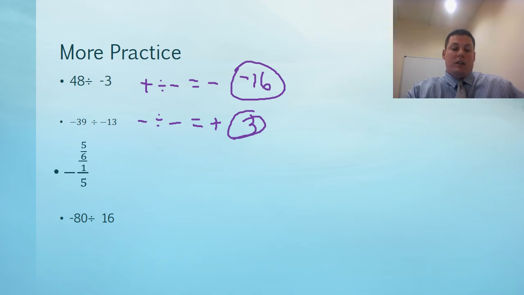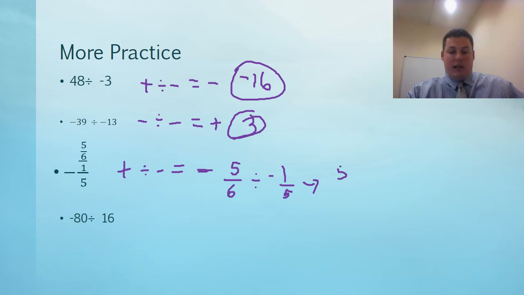Here we have a fraction divided by a fraction, but it's a positive divided by a negative, which again gives us a negative. Signs are different, so we have a negative answer. Then we have to rewrite this as 5/6 divided by -1/5.